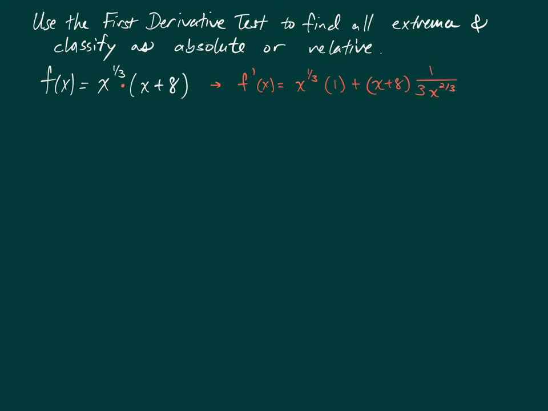So there's the first step. The next step is to, again, remember, we need to find out where all of the critical values are. And one of the critical values right away is at x equals 0, and that's because of this right here. If you substitute 0 in for that x, you will end up with a divide by 0. So that's one of them, and that's by discontinuity.